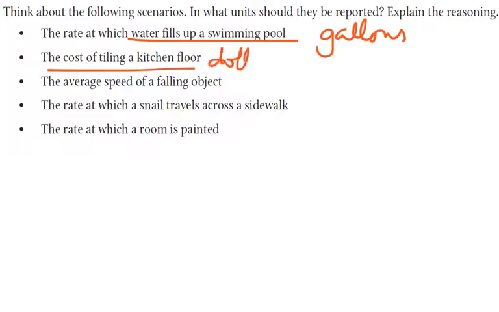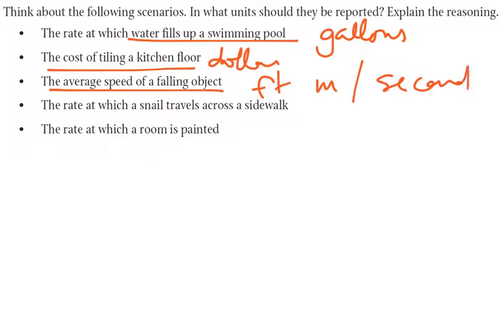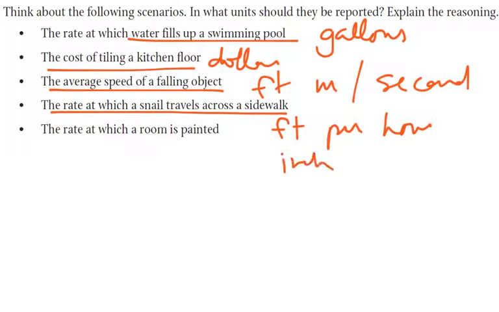Average speed of a falling object. If something's falling, generally it's feet or meters per second, because things fall fast. The rate at which a snail travels across a sidewalk. Snails are pretty slow, so maybe I'd say feet per hour or inches per second.